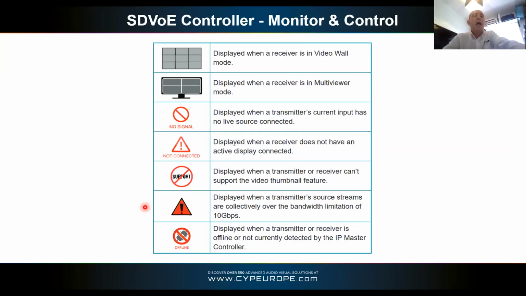And then finally, the offline icon. This is displayed when the transmitter or receiver is currently not detected by the controller. So if that pops up, it means somehow that TX or RX, whatever it's configured as, has suddenly not been seen on the network. There's a problem there, but it lets you know. So they're quite useful to see.